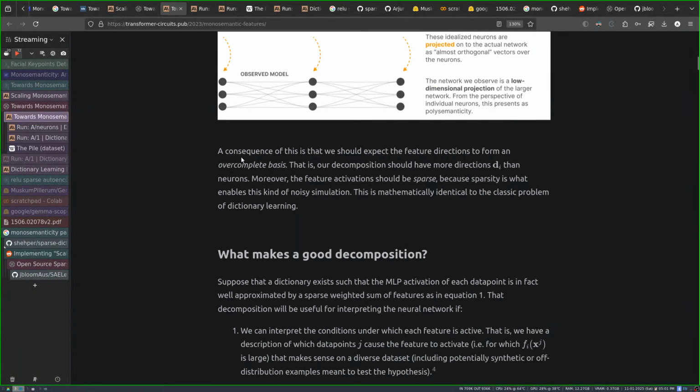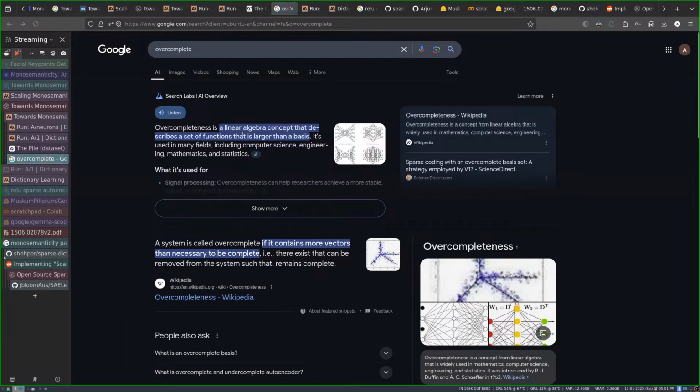A consequence of this is that we should expect the feature directions to form an overcomplete basis. What does overcomplete mean? It's a linear algebra concept that describes a set of vectors that is larger than a basis. A system is called overcomplete if it contains more vectors than necessary to be complete, so some can be removed from the system such that it remains complete.